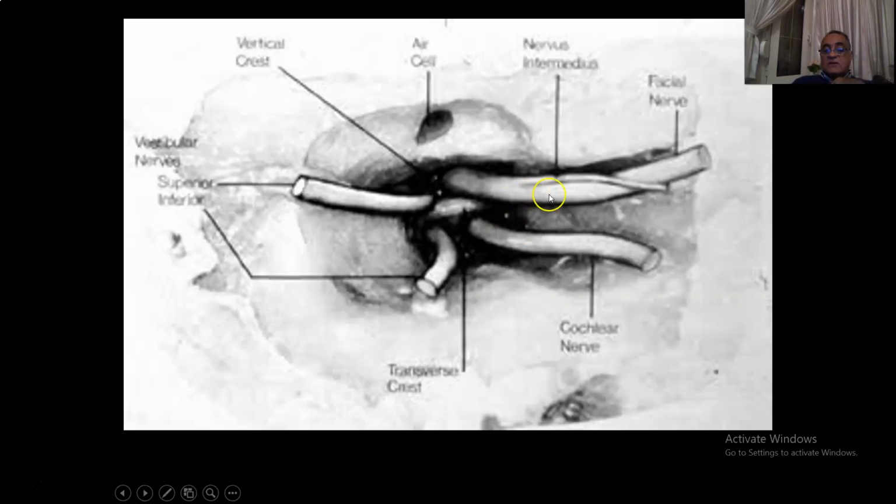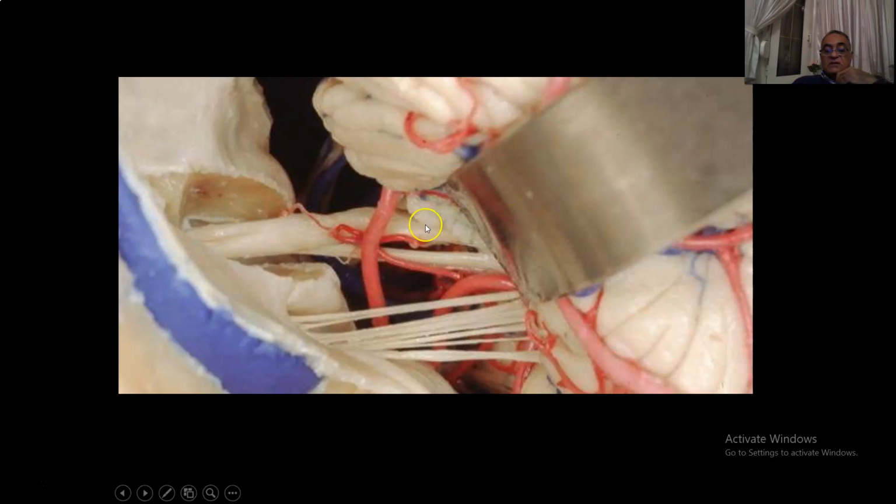Here is a view of the internal auditory canal. This is posterior. You see the superior vestibular and the inferior vestibular. This is anterior. You see the facial nerve with the nervus intermedius and the cochlear nerve. Another view at the cerebellopontine angle.